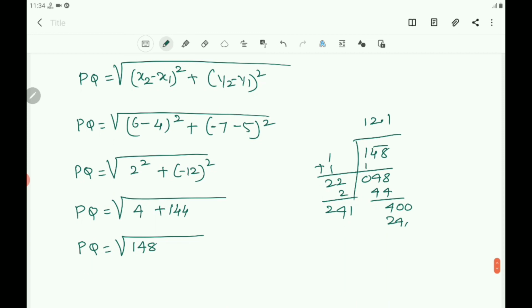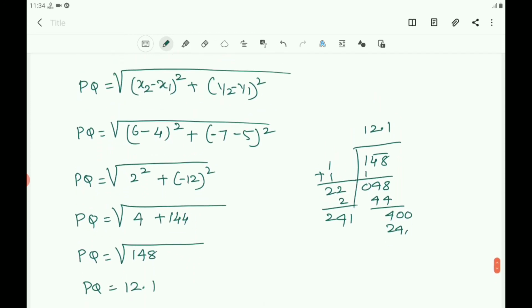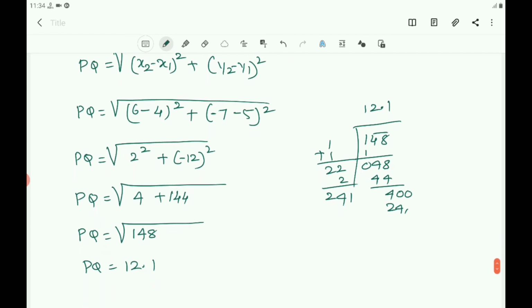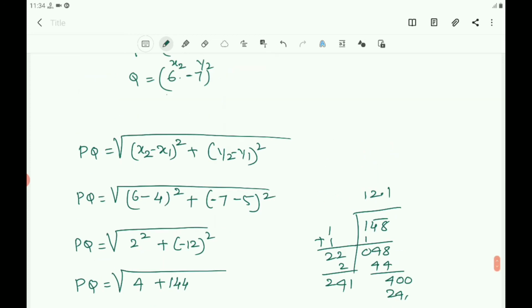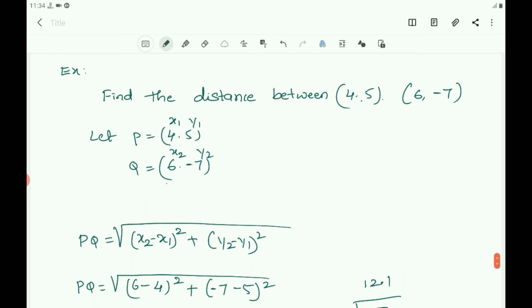Then PQ is approximately 12.1. 12.1 units is the distance between the points P and Q with the coordinates (4, 5) and (6, minus 7).